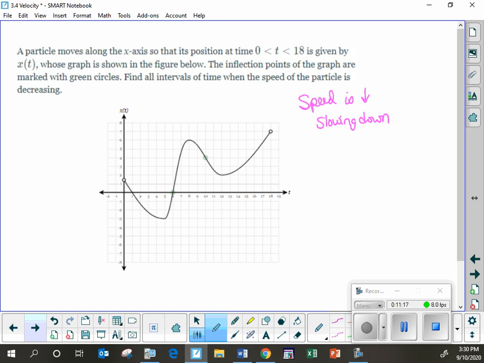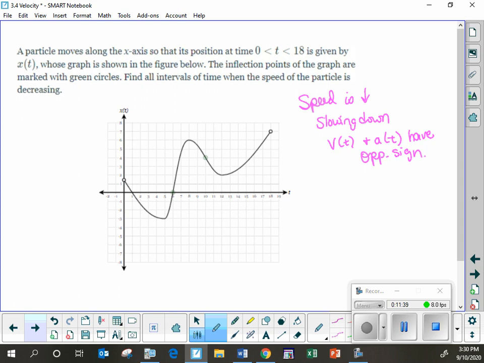And the particle is slowing down when velocity and acceleration have opposite signs. And what were we given?